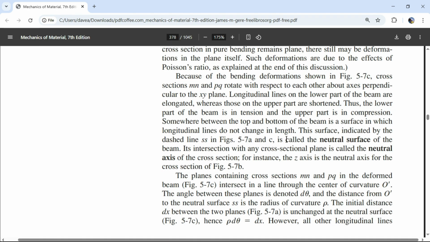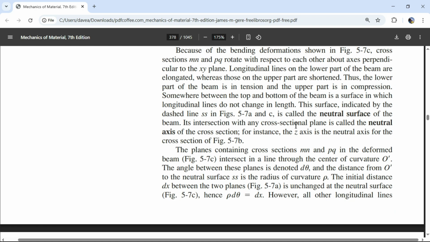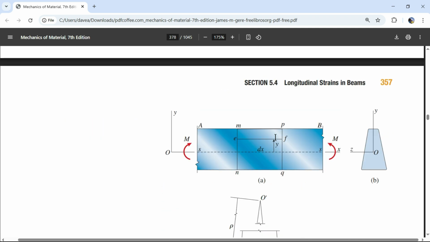This is called the neutral surface of the beam. Its intersection with any cross-sectional plane is called the neutral axis of the cross-section. For instance, the z-axis is the neutral axis for the cross-section of figure 5.7b.